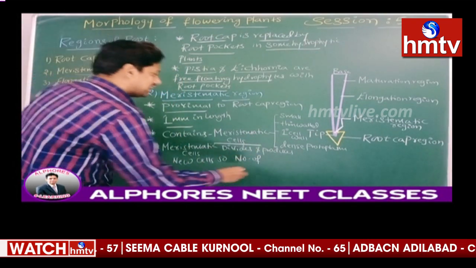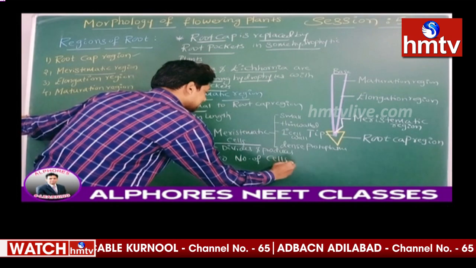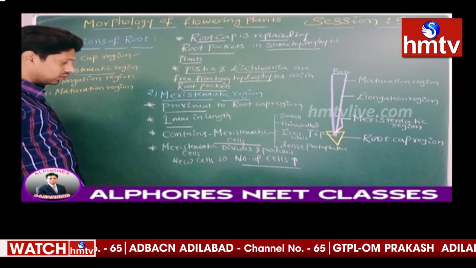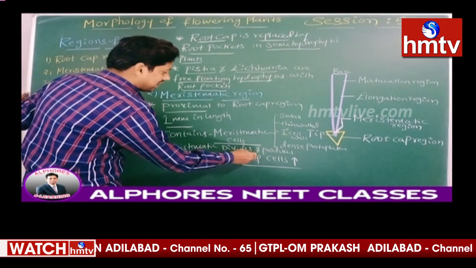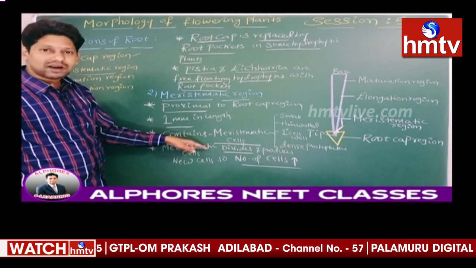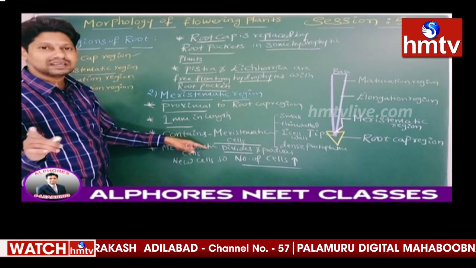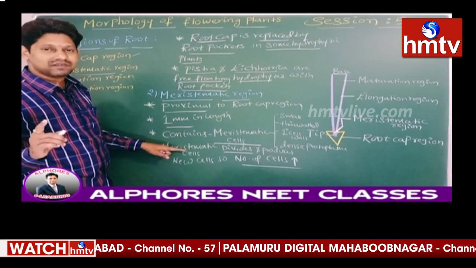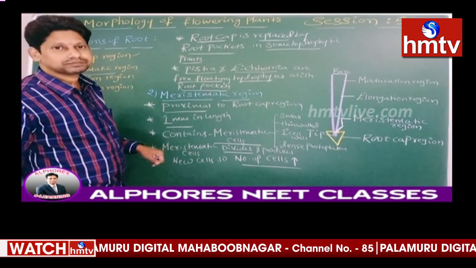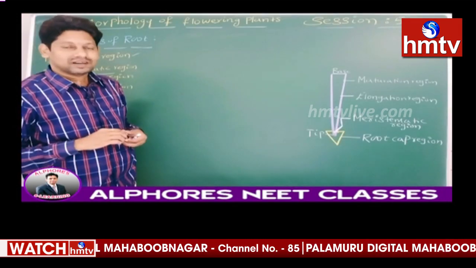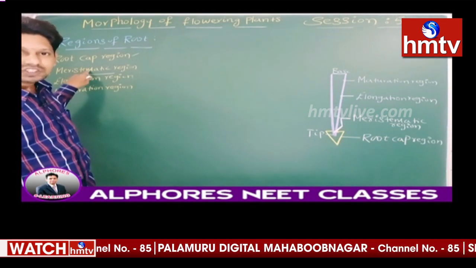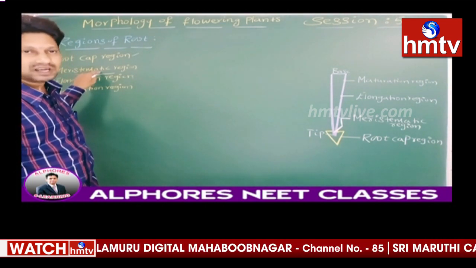Do they divide mitotically or meiotically? Mitotically. A meristematic cell divides by mitosis. Therefore, in the meristematic region, cell division takes place, so the number of cells increases.